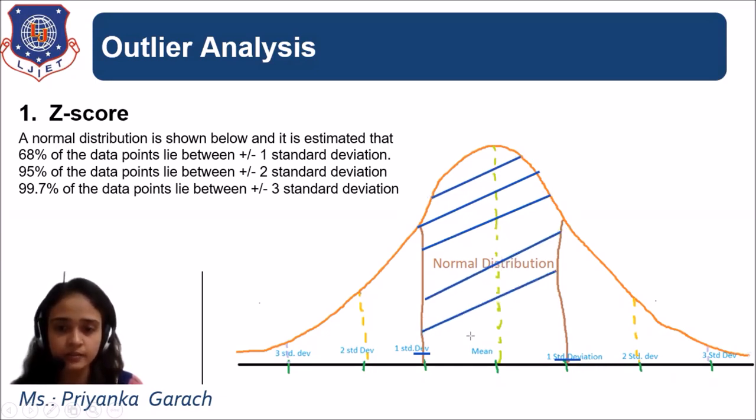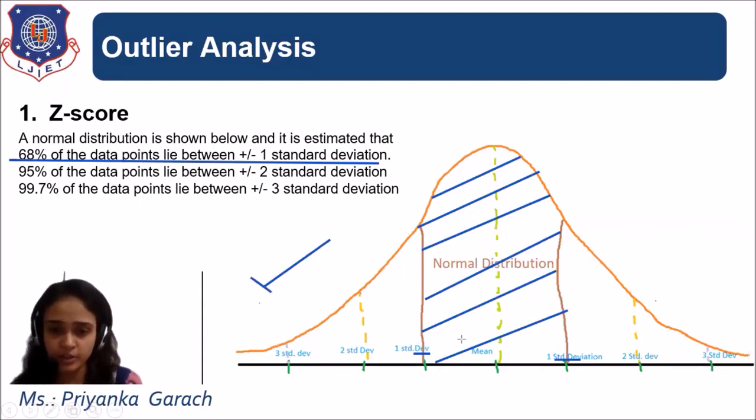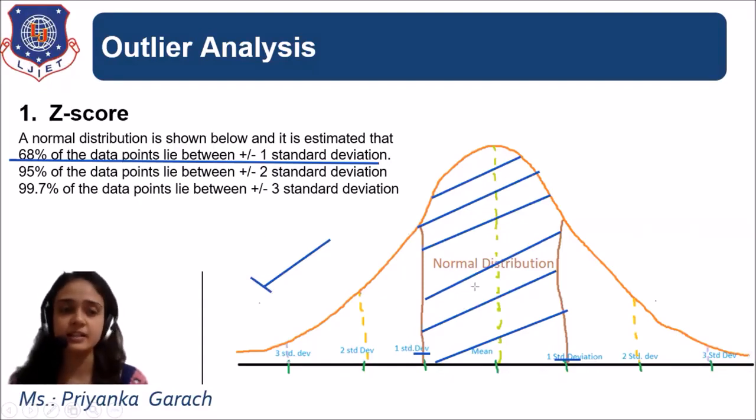These are the areas covered between the first standard deviation. From this I can tell that 68% of the data points lie in this particular range. Suppose I consider this complete data set as 100%, then this highlighted portion is only 68% of my data set.